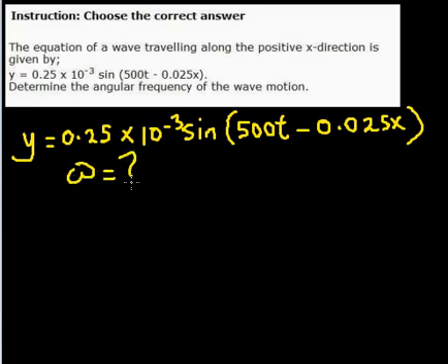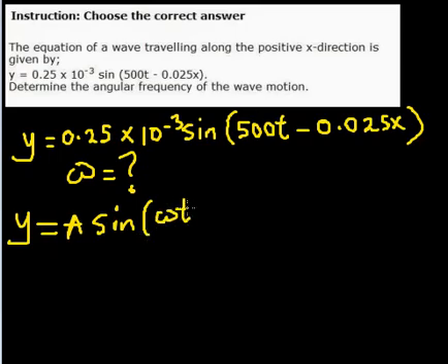So how do we go about this? We'll compare this equation to the two equations I gave you. I'm going to compare it with the one that has omega in it, and that is the very first equation. I hope you've not forgotten it: y is equal to a sine, open bracket, omega t, minus the phase angle.